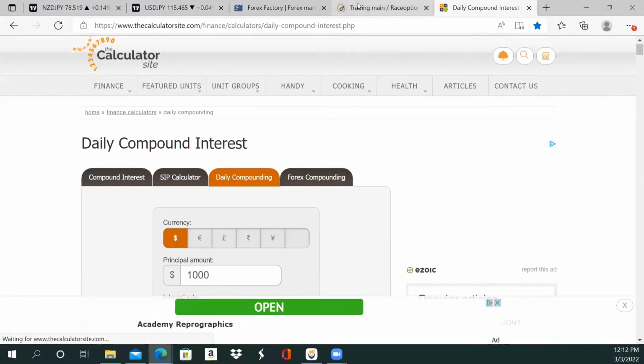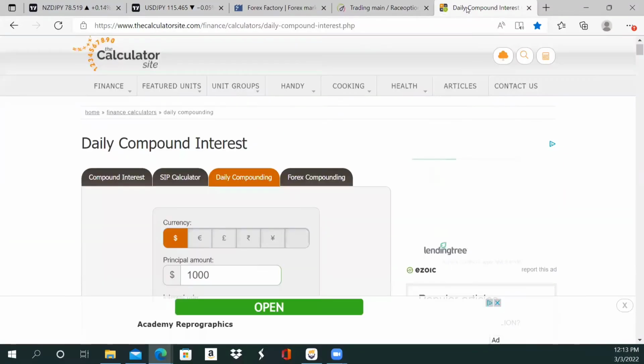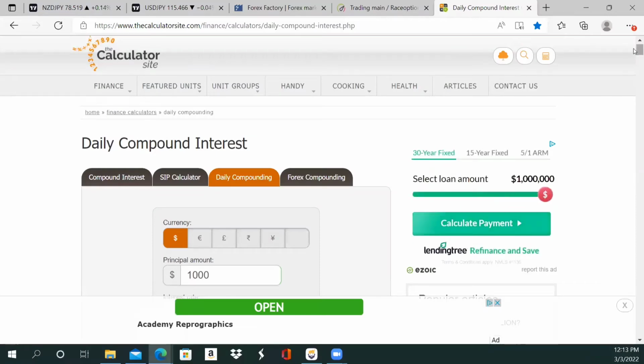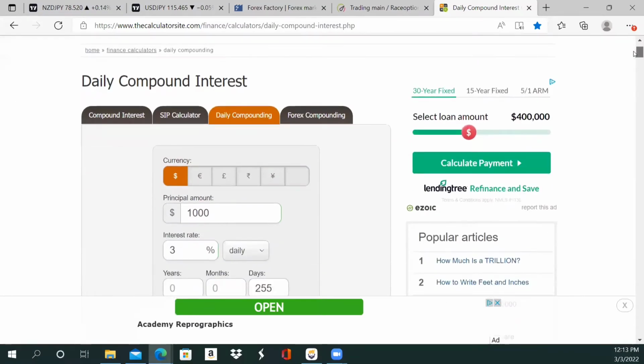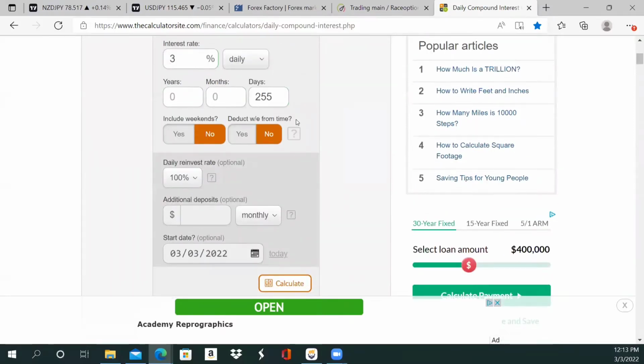As you see here, something normal to get back with $20 trades is $12. That's 60%. Some of them we'll take 85, 75, something like that. But even if you average it at 60%, of $20 is $12. We try to strive for our students to make at least 3% a day. No weekends.